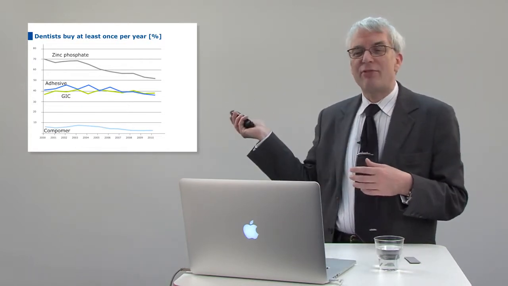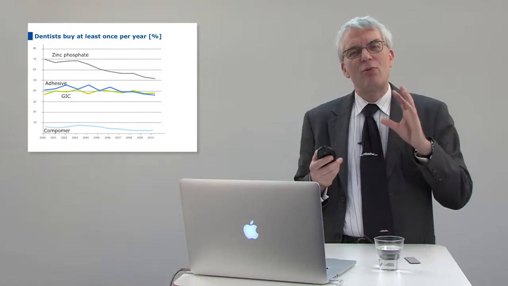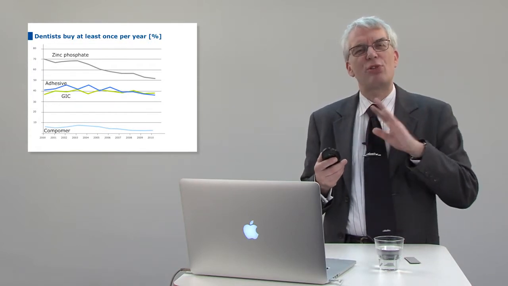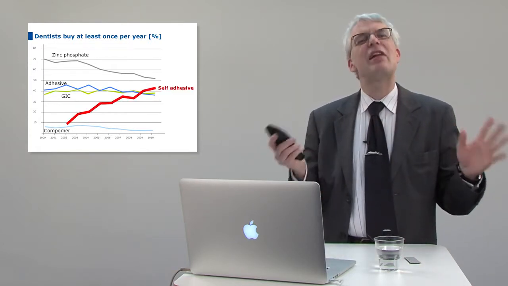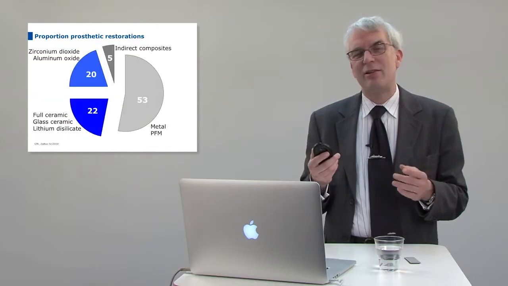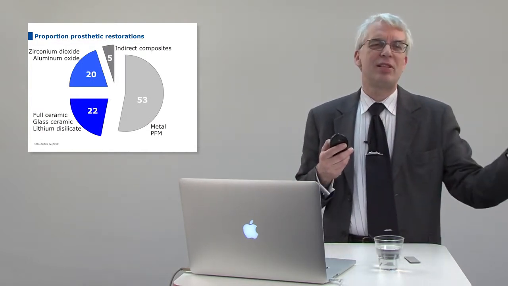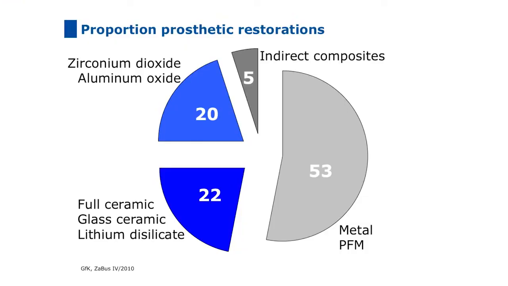If you look at this graph, you can see that the zinc phosphate, adhesive, whatever cement, they basically stay level. The only material group that goes against this trend is self-adhesion. And the reason for this is very obvious, because it's so easy. And because we have a shift towards cementing full ceramics.